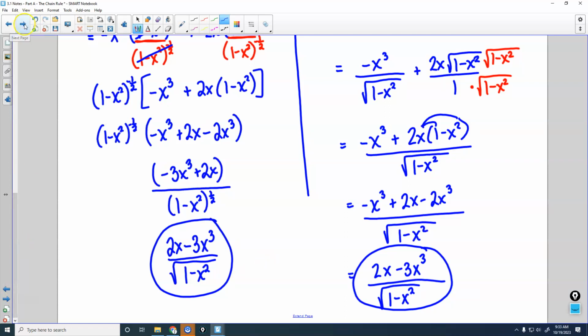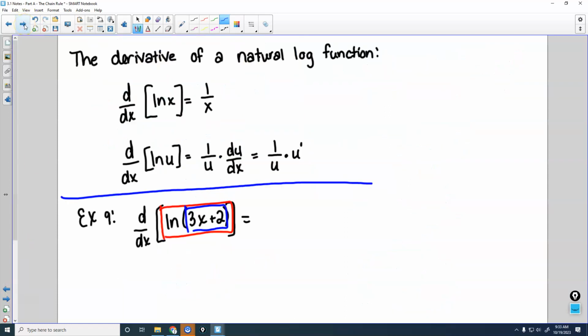All right. Couple more little things that we need to look at. So, we already know that the derivative of a natural log function is 1 over x. Or we should. If we don't, we're going to know that now.